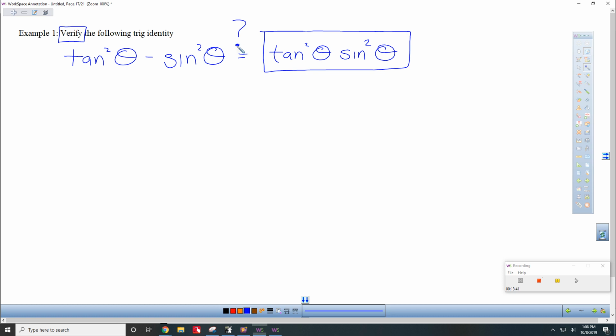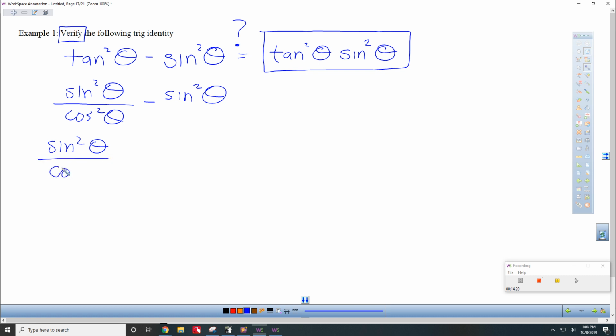So let's rewrite tangent squared as sine squared over cosine squared. So that's our first thing. Now, let's get this to be sine squared over cosine squared.